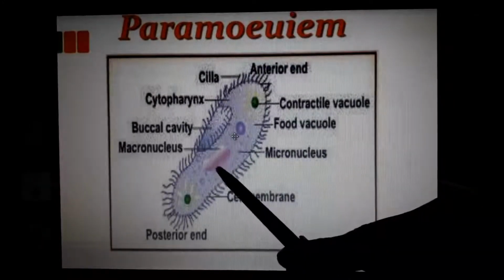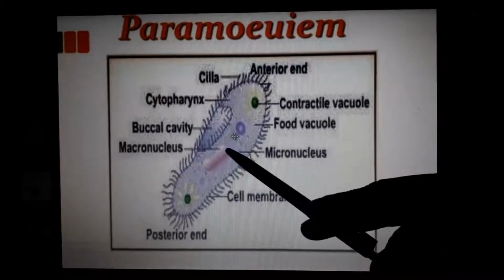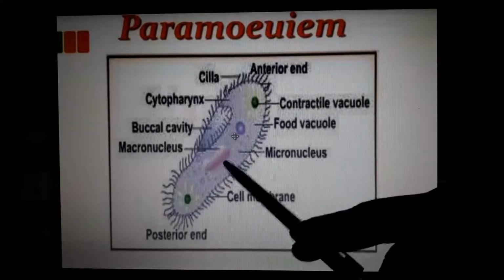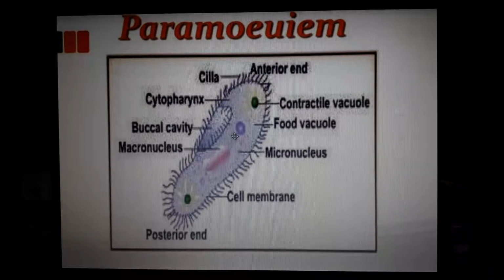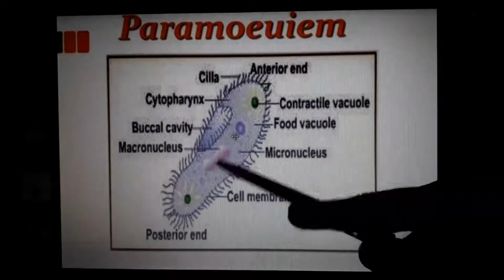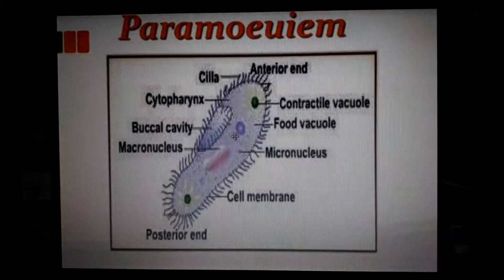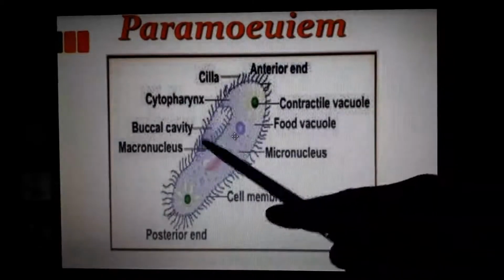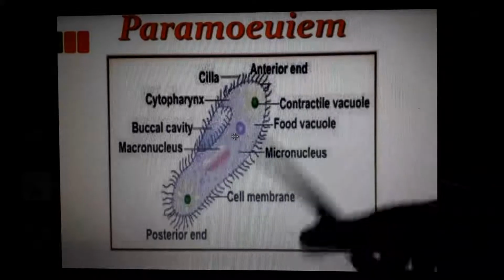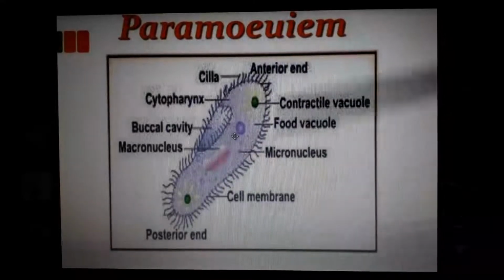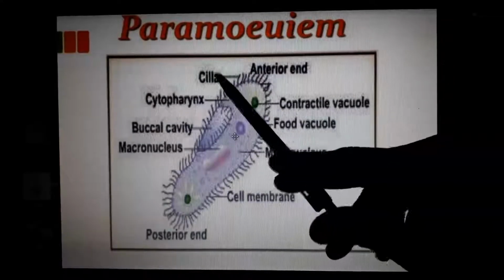It is not a fully developed nucleus, not an adult nucleus. It is a replica, a duplicate nucleus. Like that we can see. Buccal cavity means the opening through which food enters. Micronucleus is there, but just leave these names. You must study cilia. Cilia is important.